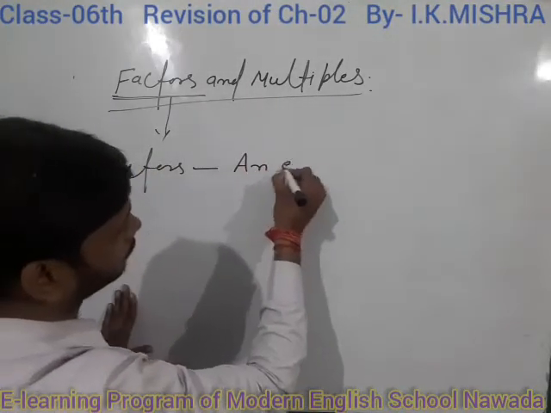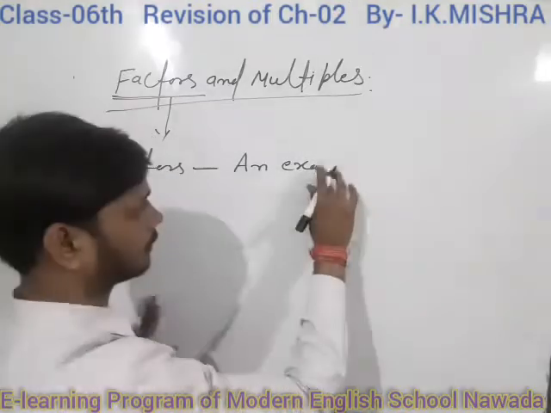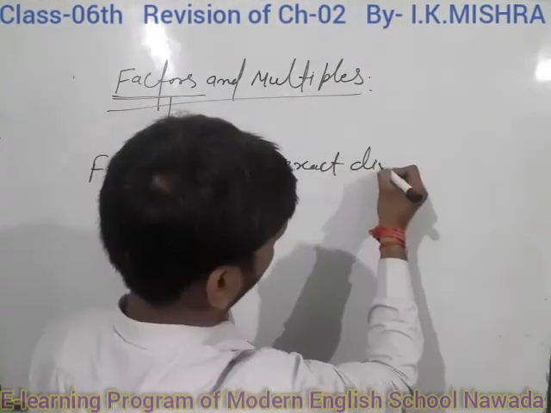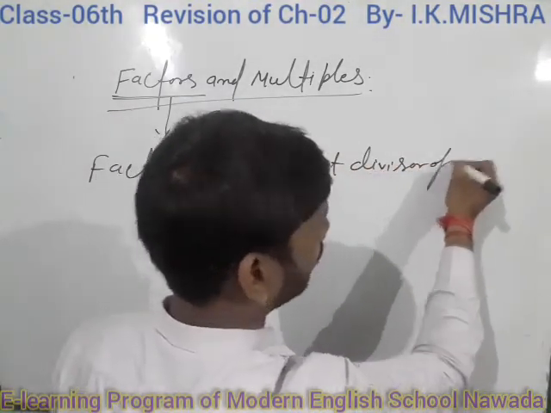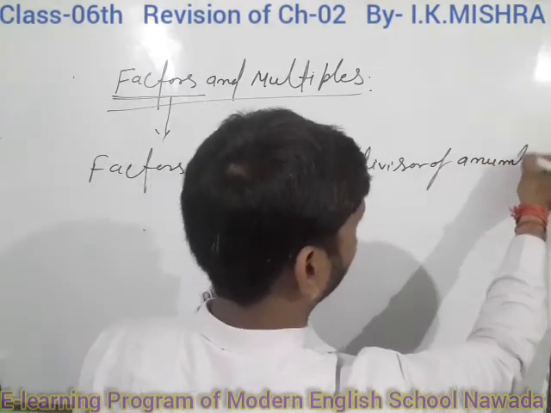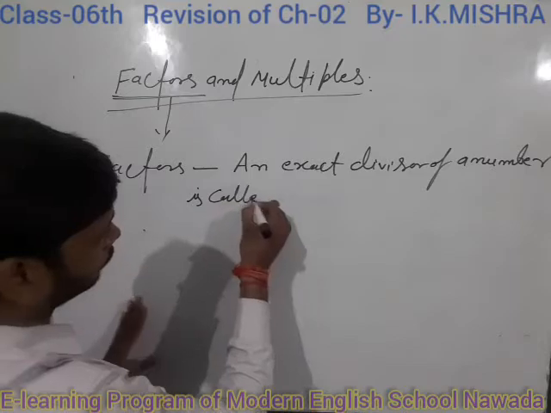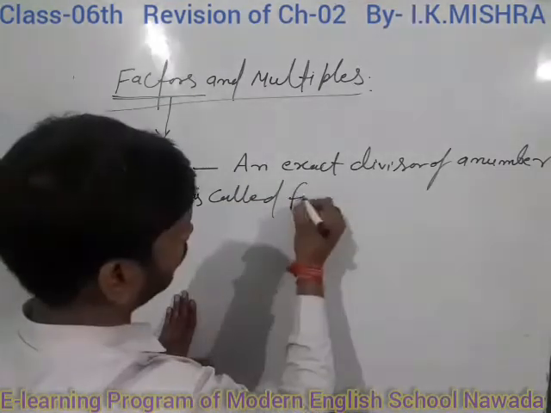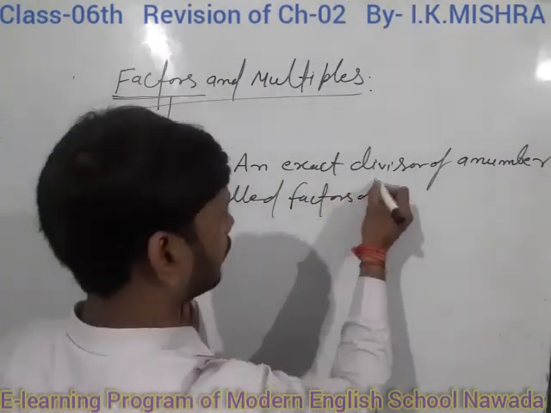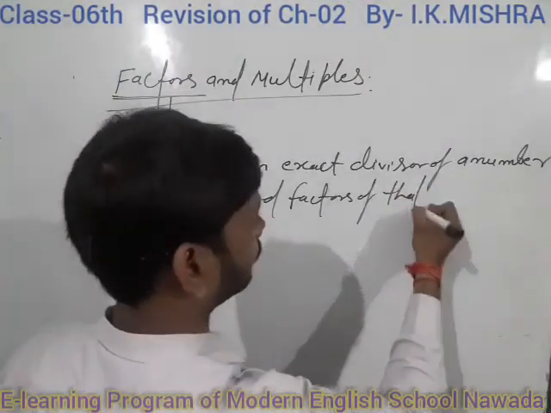An exact divisor of a number is called a factor of that number.